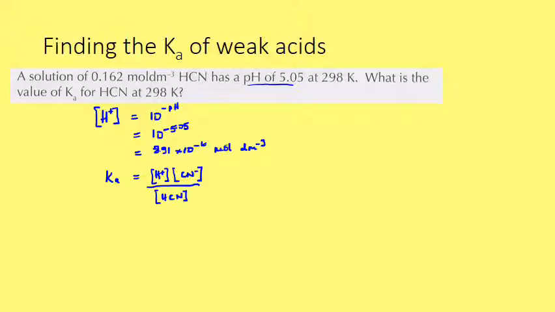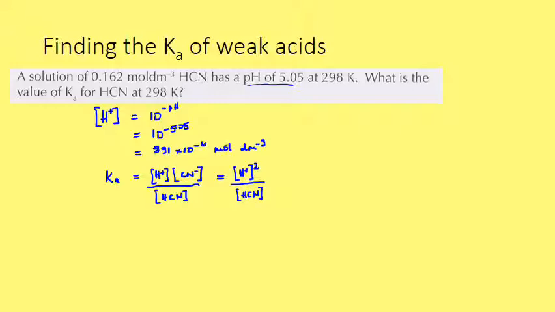So that's our expression for the acid dissociation constant, and it's a weak acid. Hydrogen cyanide is a weak acid, so we can simplify that to hydrogen ion concentration squared divided by acid concentration, like so.